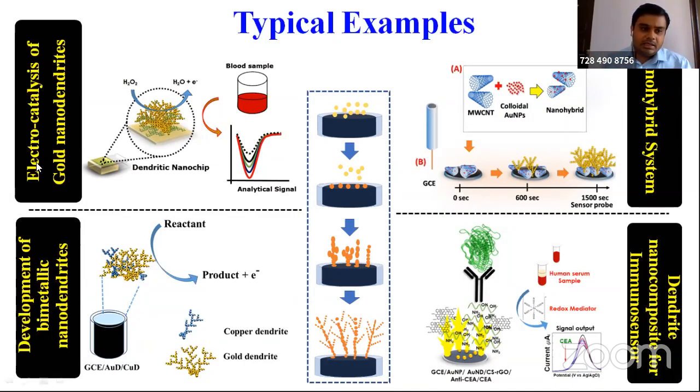So I've taken the example of electrocatalysis of the gold nanodendrites, and after that I've taken the example of a nano hybrid system where the nanotubes, nanoparticles, and the dendrites are all together sitting on the sensor surface, right? After this, I'll be talking about some other bimetallic system, and then various other immunosensors.